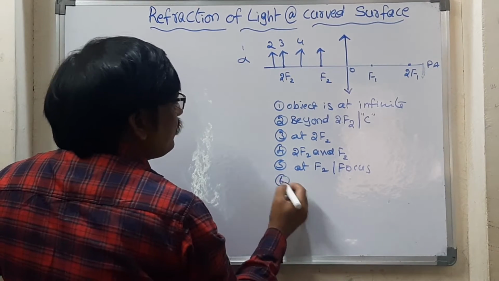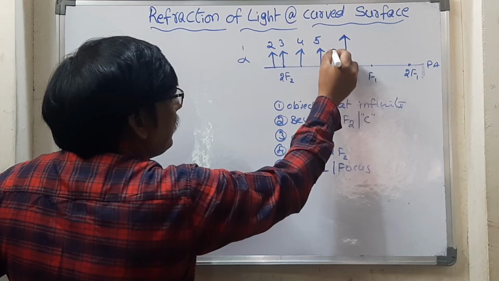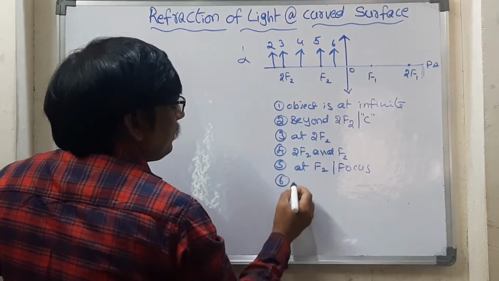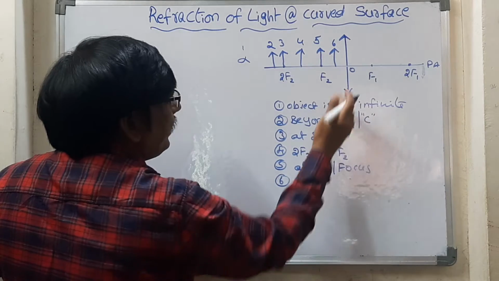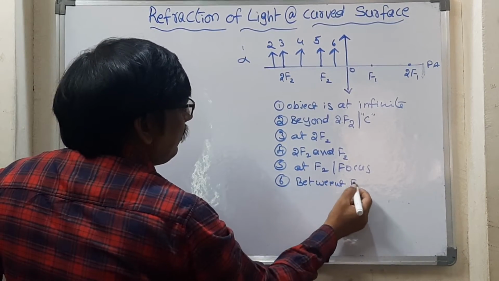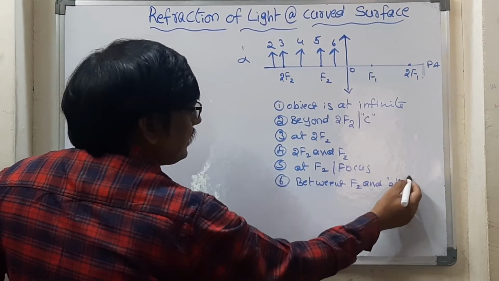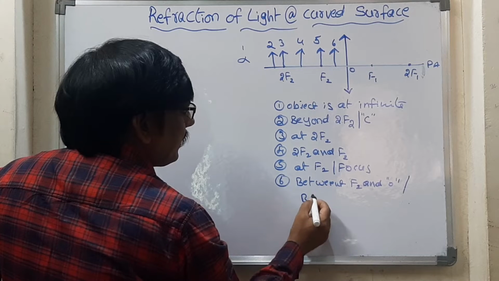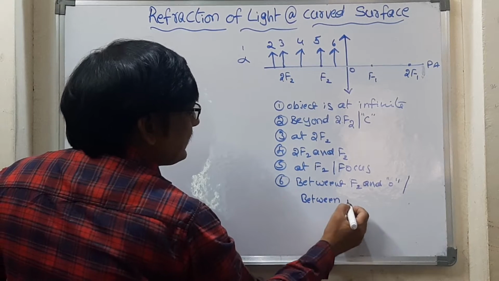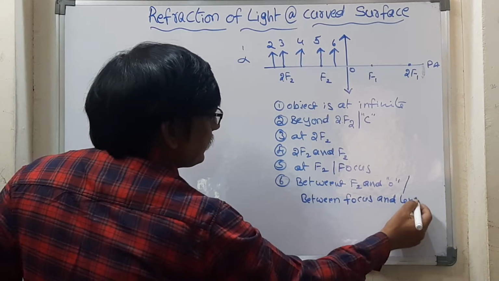And the sixth most important situation, this is the fifth one and here is the sixth one: the object is placed between f2 and the optic center, or this can be asked as between the focus and the lens.